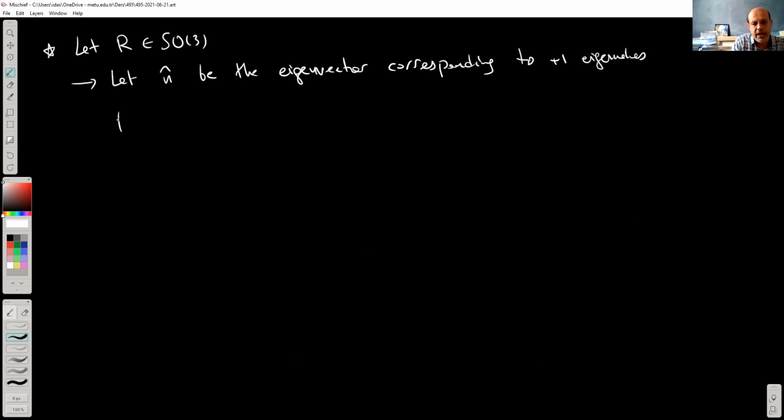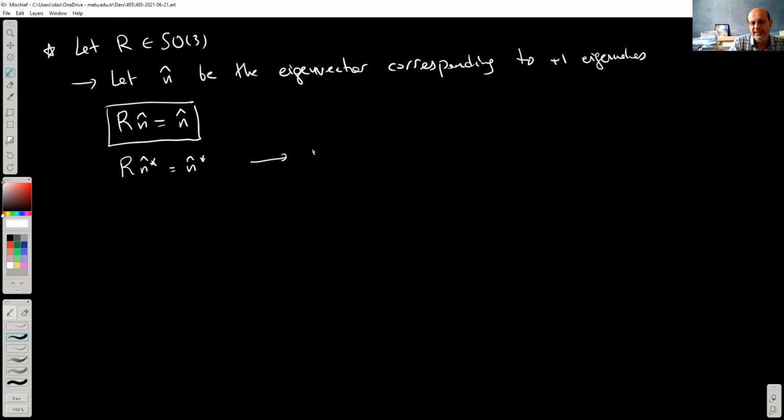Therefore Rn is equal to n. You can easily see that if that vector is complex, then the complex conjugate would also satisfy the same thing. By the uniqueness of the eigenvector, I'm basically considering the situation apart from the identity.